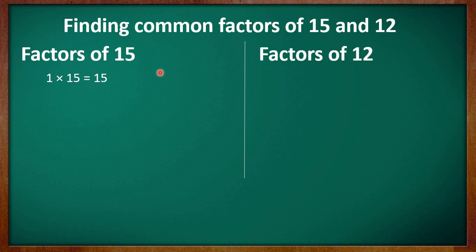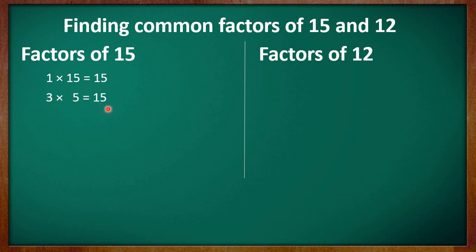That means 3 is a factor of 15. Also, we get a quotient of 5. That means 5 is also a factor of 15. So, for this division fact, we may write the multiplication fact 3 multiplied by 5 is equal to 15. Here, 3 and 5 are the factors of 15.